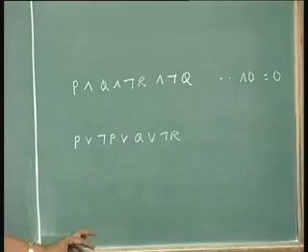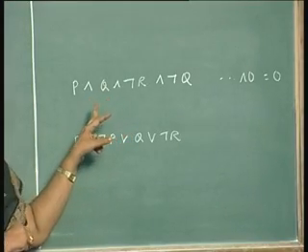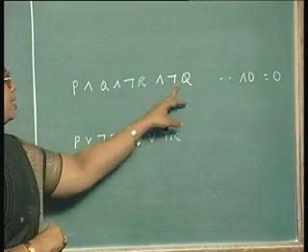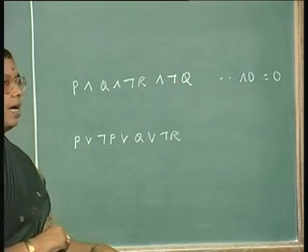So, an elementary product is identically false if it contains two literals where one is the negation of the other.